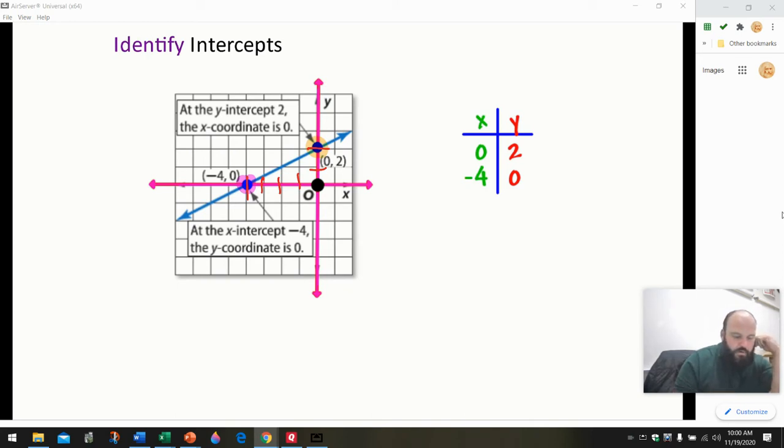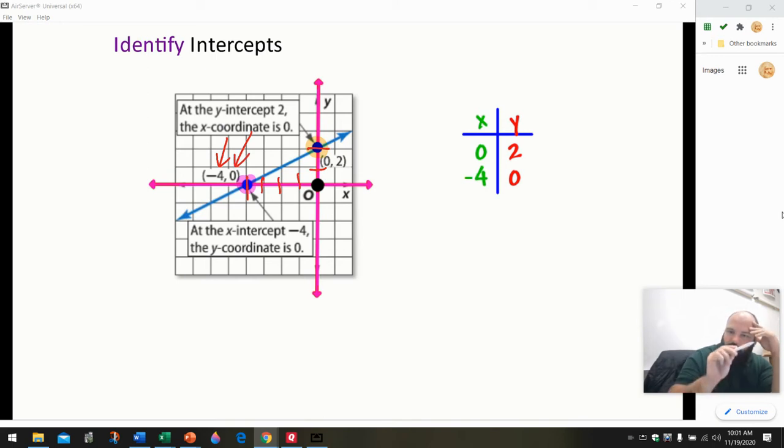Okay, so notice something about this that's really important. It's for what we're going to do next, which is when you have a y, well, we'll start with the x. This x-intercept is -4, and you can see right there that they said the x-intercept is -4. But what I want you to notice is when we are on the x-axis, which is the horizontal line, the ordered pair has a -4 for the x value, but the y value is 0.